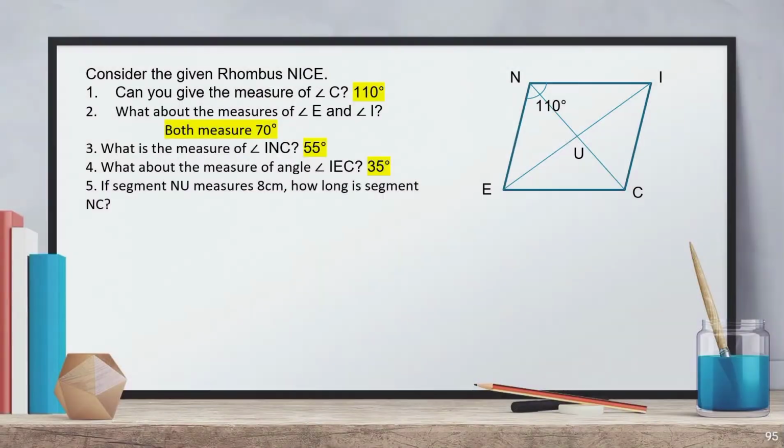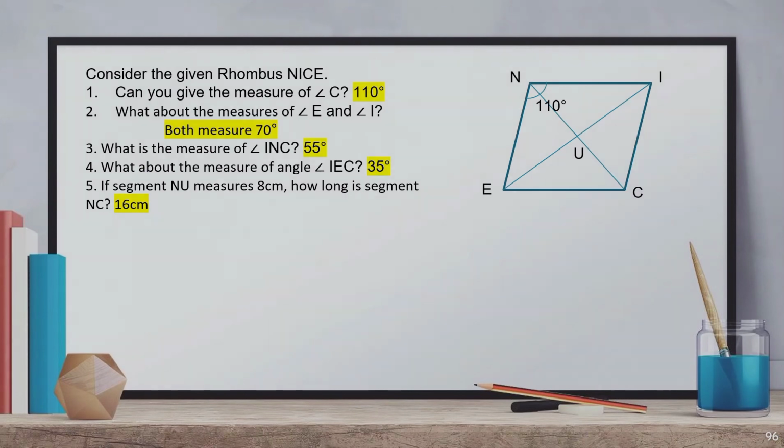If segment NU measures 8 centimeters, how long is segment NC? NC measures 16 centimeters because NU is just 1/2 of the diagonal NC. So 8 times 2 is equal to 16.